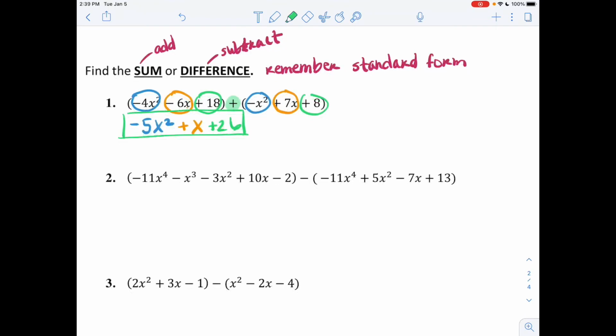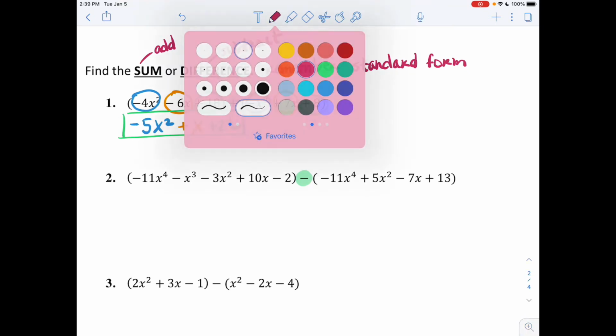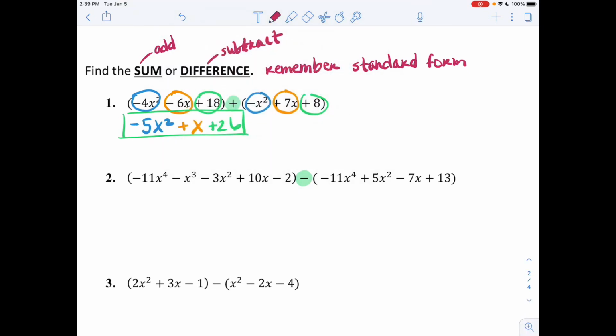Next, we'll look at a couple of subtraction problems. I know that it's subtraction because I see a subtraction or a minus symbol right here in between the two sets of parentheses. This means that I have an extra step to do before I can just jump in and combine like terms. And that extra step is that I need to take care of that negative sign by distributing the negative to all of the terms. So it's like multiplying by a negative 1 for all of the terms.